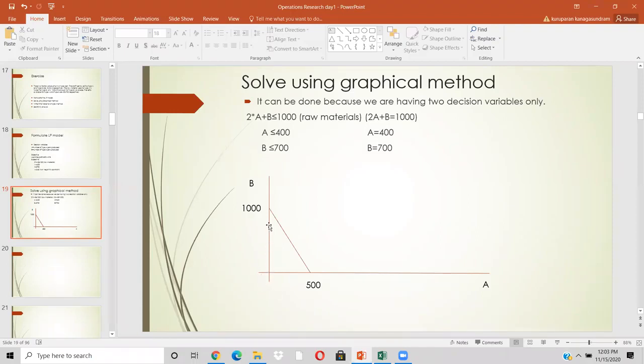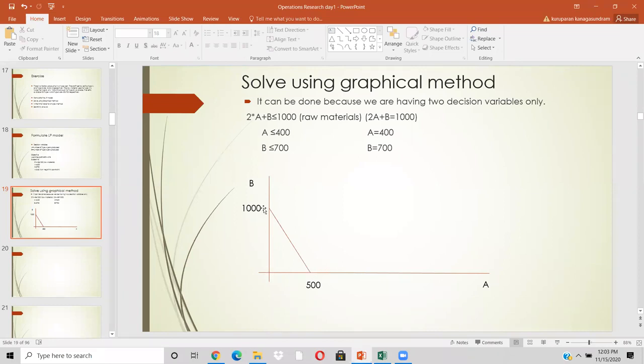On this line, a will be 0 and b will be changing. Similarly, on this line, a will be changing, but the value for b will be 0.